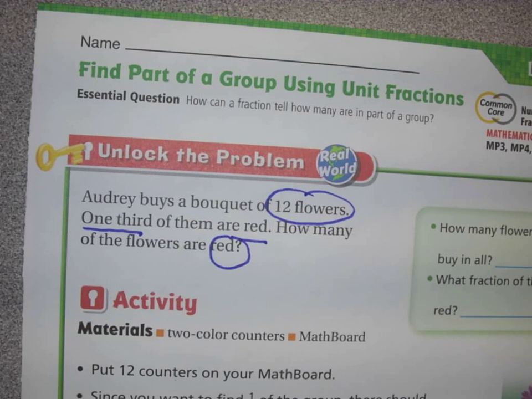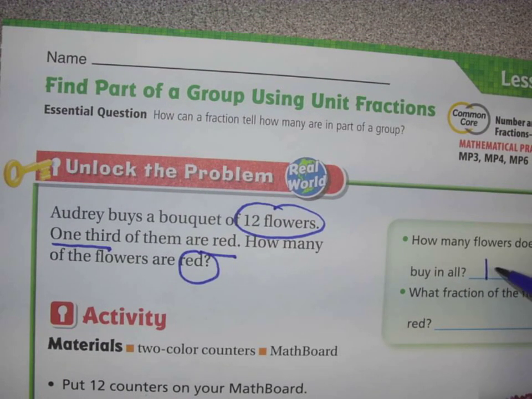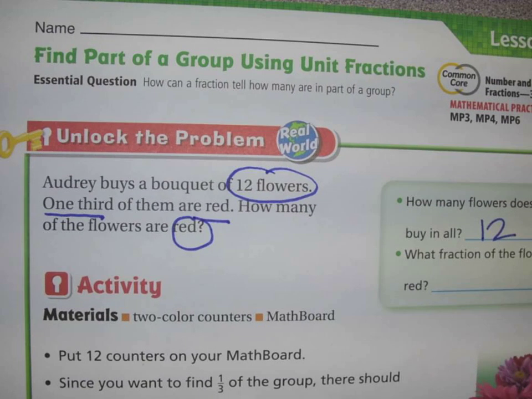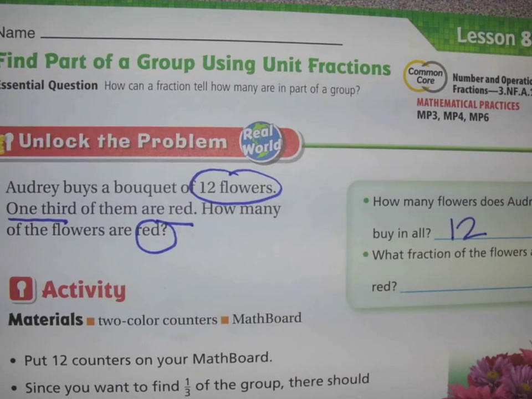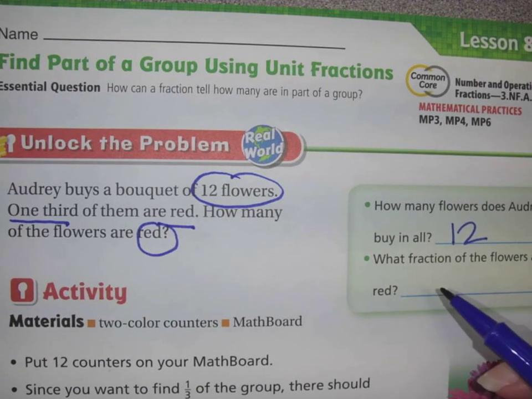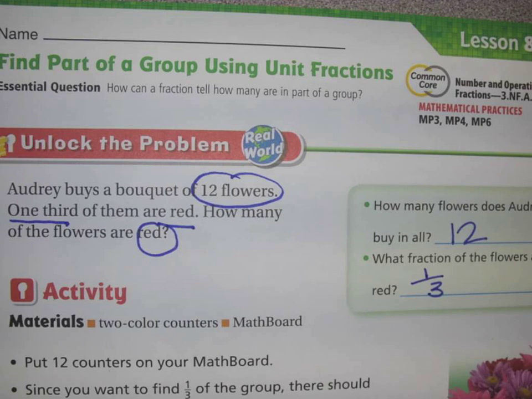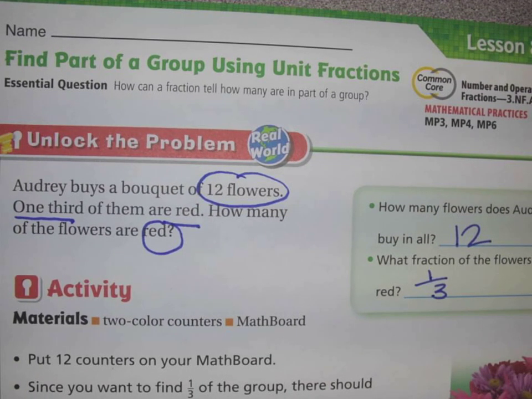So we are trying to figure out how many of the flowers are red. Well, we know our total number of flowers that Audrey buys, and that is 12, okay? And we know out of these 12 flowers, 1/3 of them are red, okay? So we just need to know how many flowers are red.